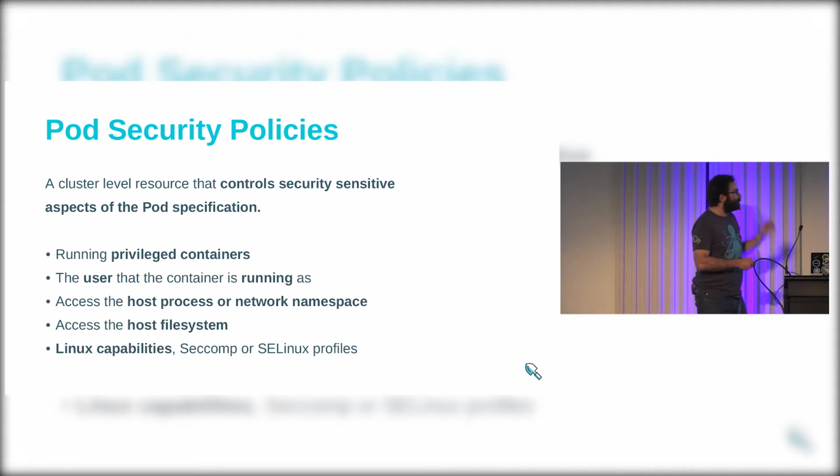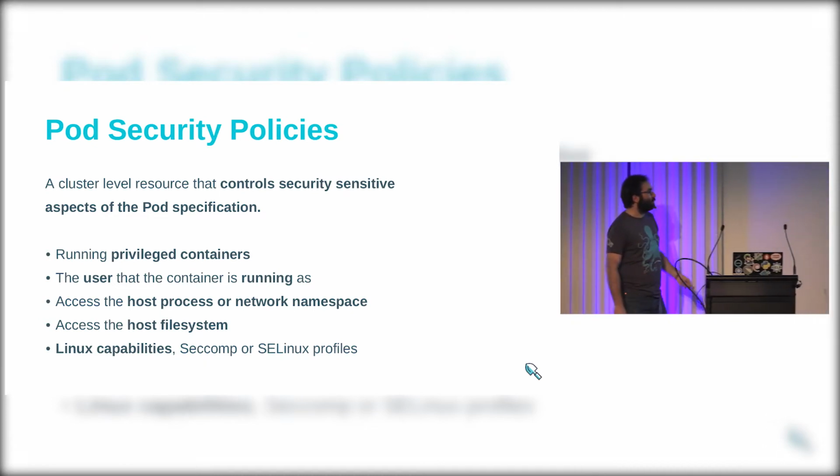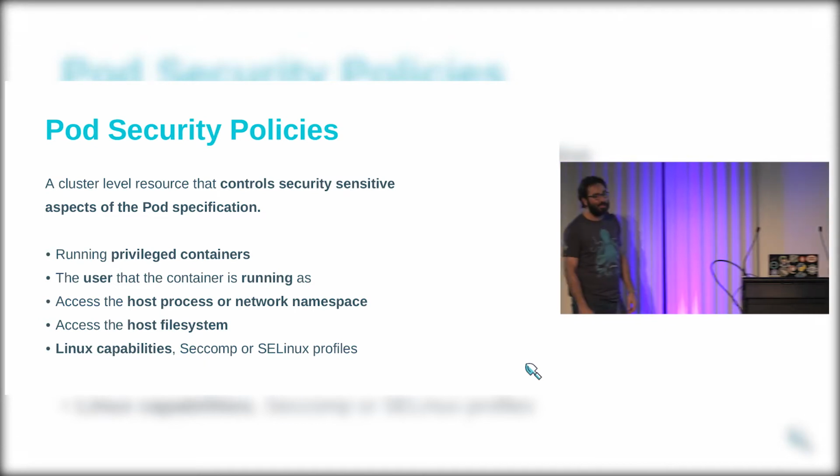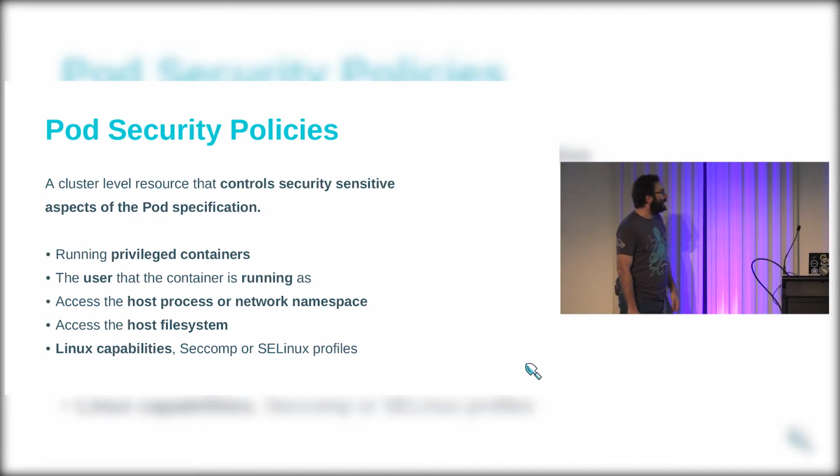The PSP can also control whether the user or the runner can access the host file system or host network, and this is more or less the scope of a PSP. We can see here the run as user, the privilege, the host network, the different types of access that you can have.